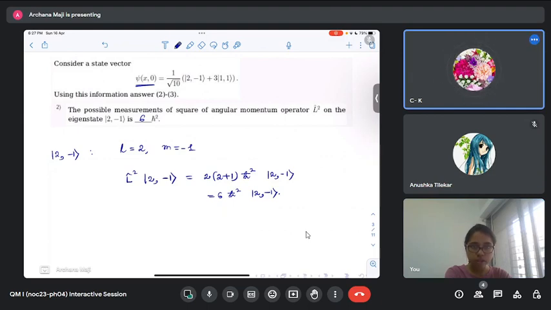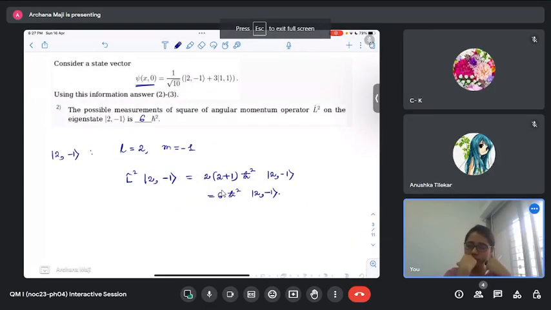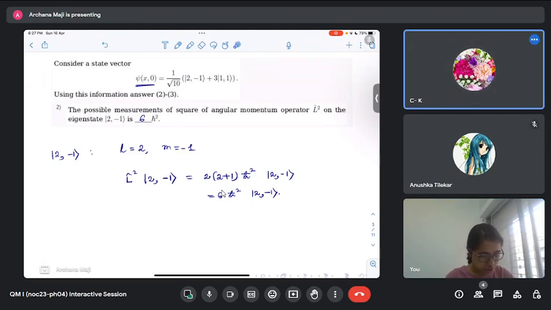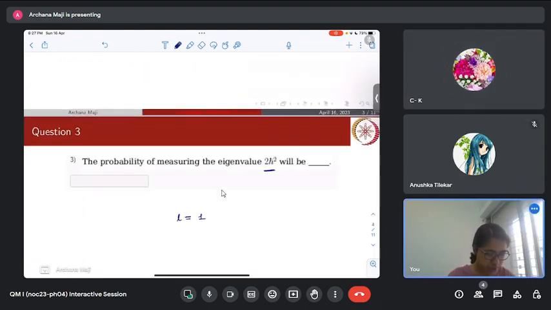Madam, 4. 4? Yes. How did you get that? Can you just explain the procedure? L is 1, okay.